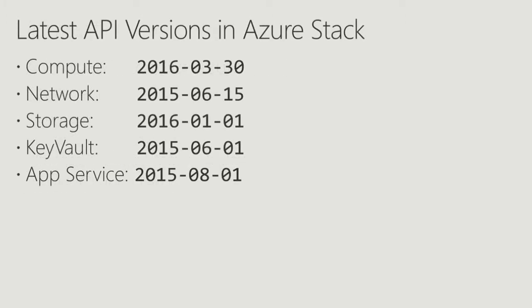So API versions, all right? I mentioned that resource types may not be available in Azure Stack, but also for a given resource type, there may be a difference in API versions. This is a list of the latest API versions in Azure Stack.